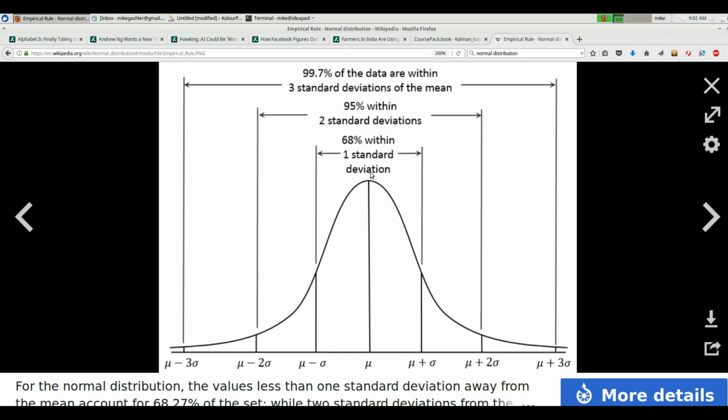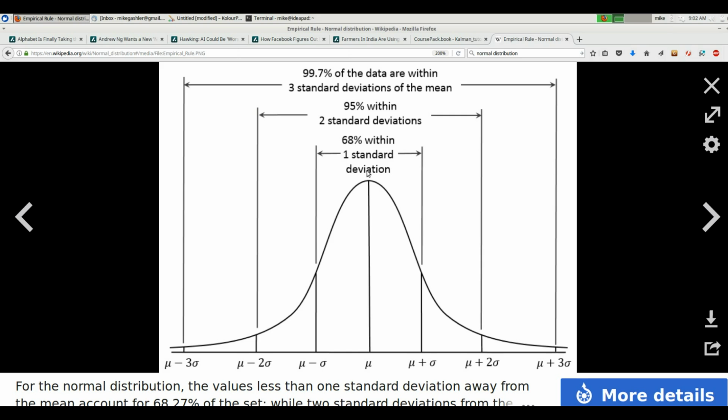If we have a normal distribution, we know that 68% of the times when you draw a random value from it, you will be within 1 standard deviation of the center. 95% of the time you'll be within 2 standard deviations. 99.7% of the time you'll be within 3 standard deviations.